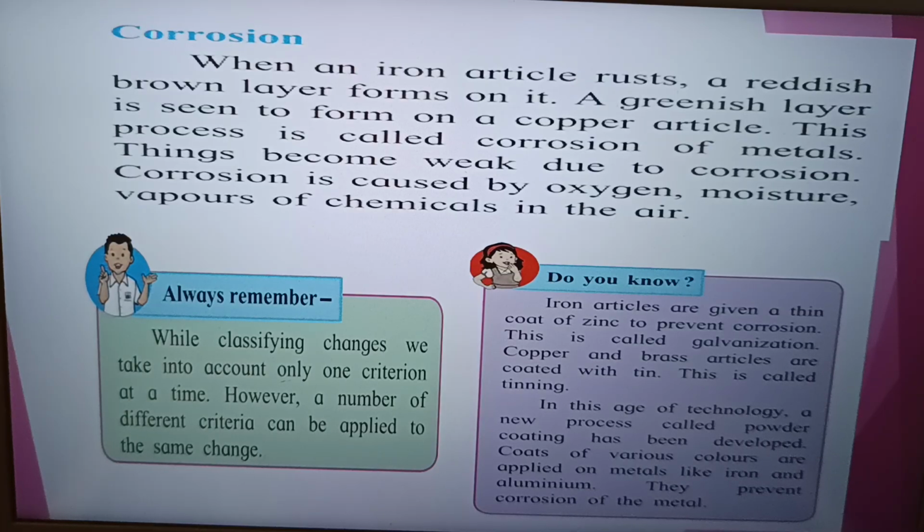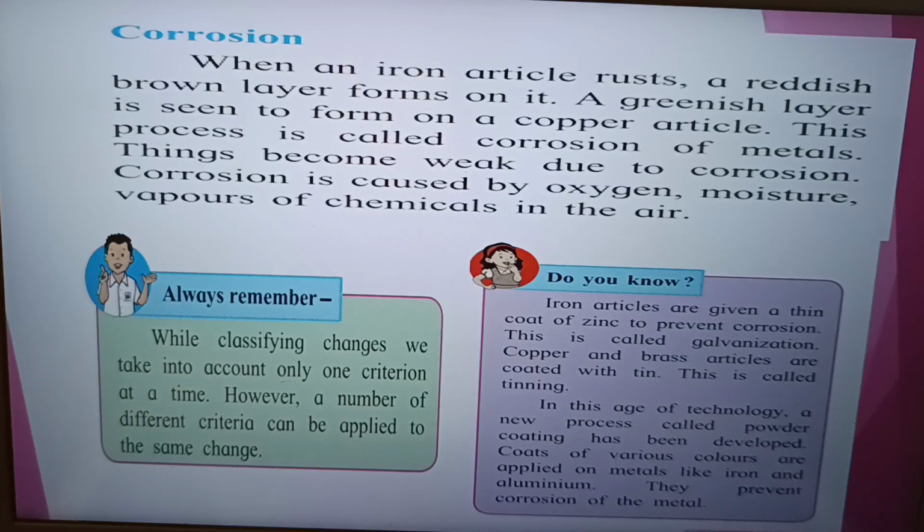Here you are showing one criterion, that the solid form is changing into liquid. However, if you put the ice cubes on gas and they start heating, what happens on heating? It will change into liquid, and then it will change into water vapors.